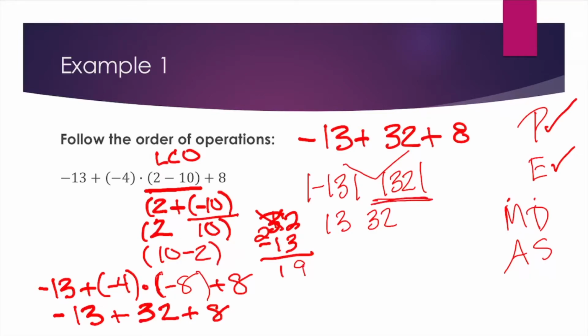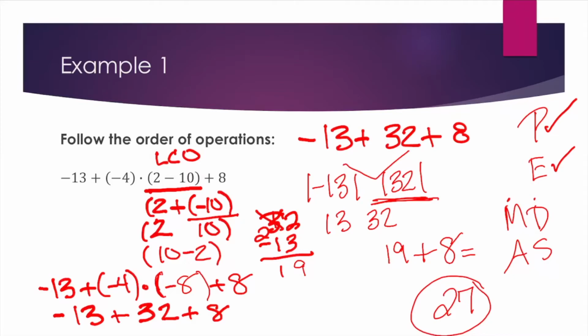And the number with the larger absolute value is positive, so my answer is positive 19, and I bring down my plus 8. So the 19 plus 8, I can use some mental addition here, is 27.